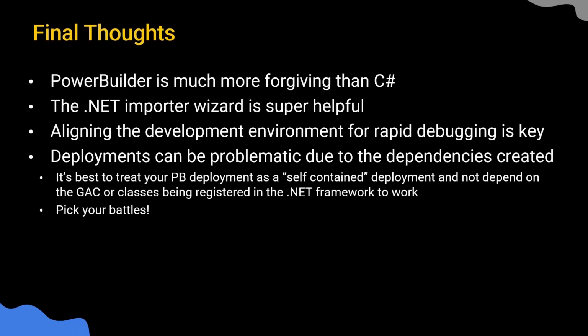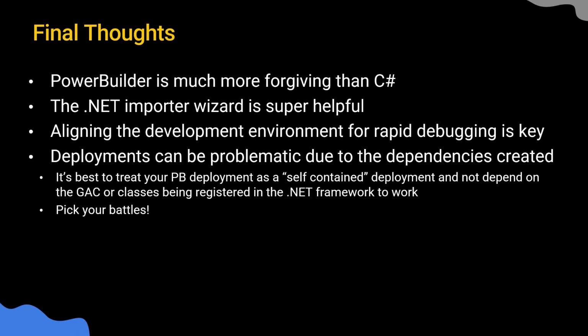I have a few final thoughts about PowerBuilder and C#. PowerBuilder is a much more forgiving language than C#, but the .NET Importer Wizard is super helpful. Aligning the development environment for rapid debugging, as I just mentioned, is key. You want to be able to step into your C# project in debug mode from PowerBuilder, and there are just a few tricks for doing that.